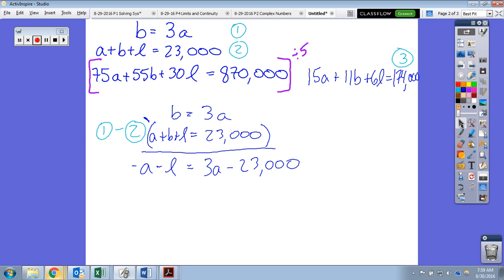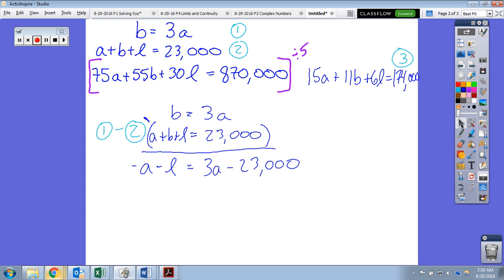If that guy was also -3, but it's not, so it's not necessary for me to subtract 3a first. You guys see that? It wouldn't eliminate the a's anyway. So the a's are going to be there, but I definitely needed to eliminate the b's, so I did not care about the 3a being on this side or -3a on this side plus b equals 0. It doesn't matter to me.